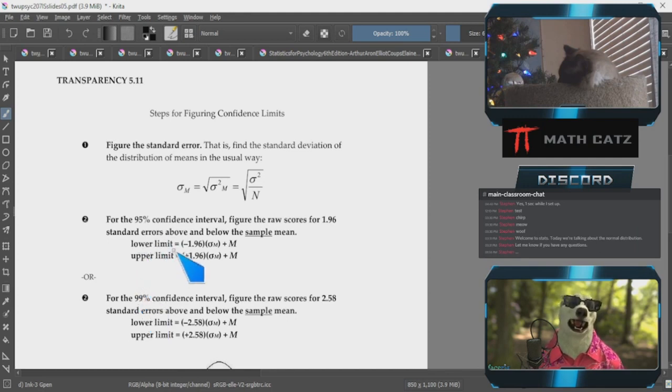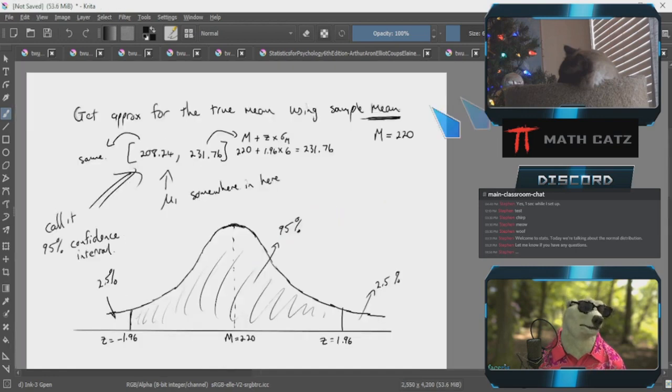And then I find the corresponding z-score for that confidence level and calculate the corresponding raw scores, and that establishes my confidence interval.